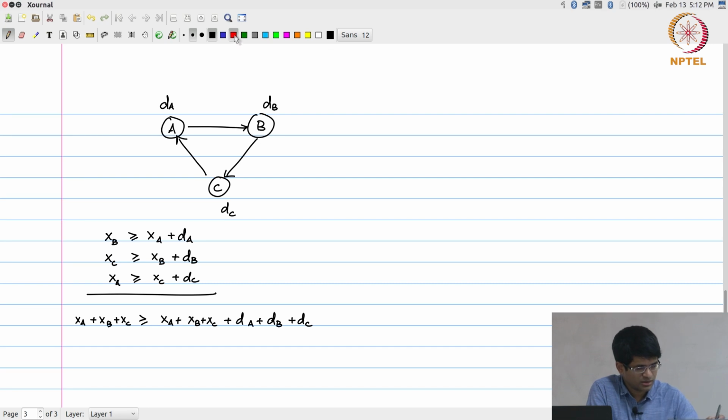No matter what xa, xb, xc are, this is the same on both sides, which means we can basically remove it, and what we end up with is dA plus dB plus dC must be negative for this to work, which is fundamentally a contradiction, because dA, dB, dC are execution times.